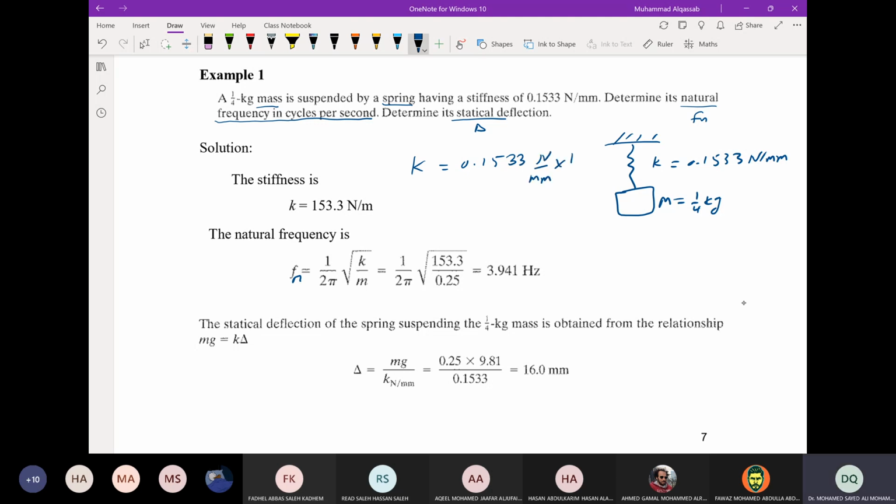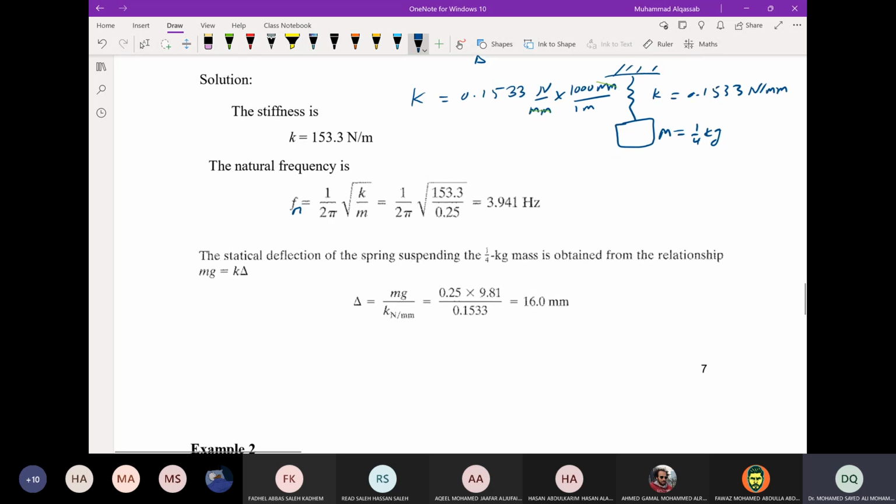You multiply by 1000 millimeter, divide by 1 meter. The millimeters cancel out and you get 153.3. Divided by 0.25, which is 1 over 4, we get fn equal to 3.941 Hertz.